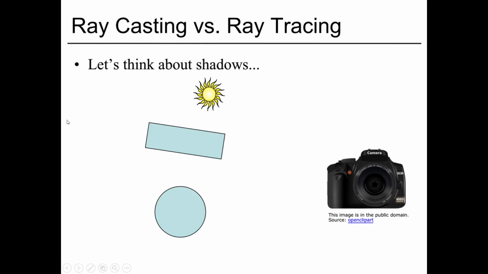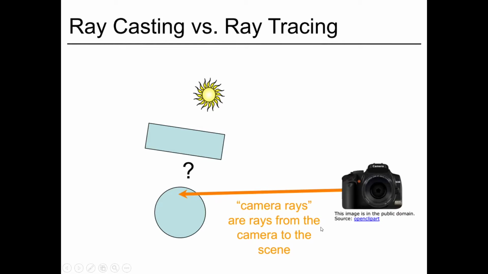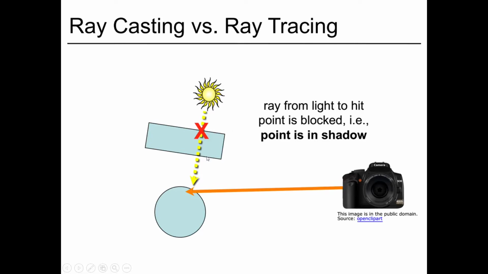But it might happen that the object is under the shadow of another object. In this case we are directly passing a ray from the camera towards the ball, but this ball may be under the shadow of another object, and this shadow might be produced due to some other sources, such as a light source, right?